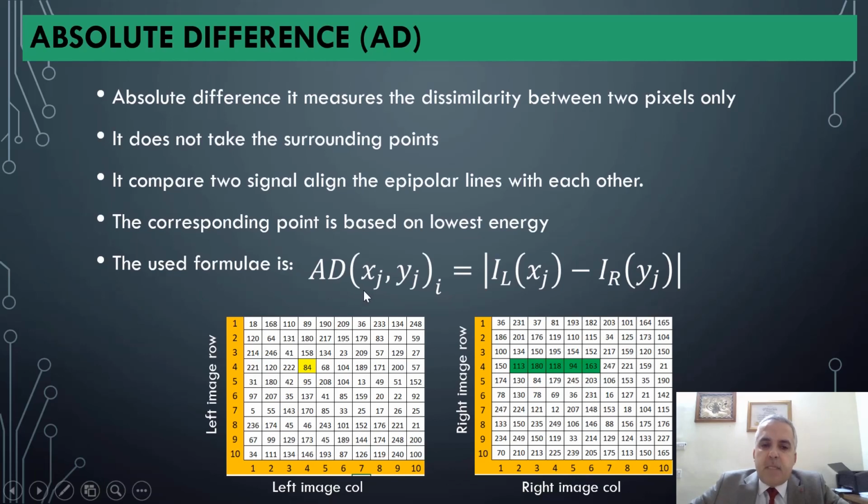The formula used is AD, which means the intensity value on the left image minus the intensity value on the right image, in absolute value. We calculate the AD between this pixel and each pixel along this line, and the minimum one will represent the corresponding point.